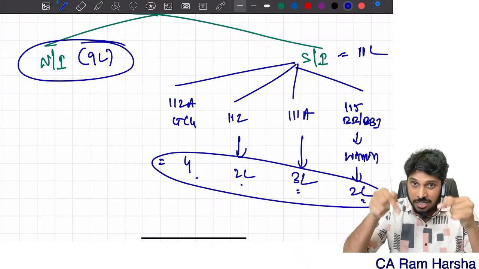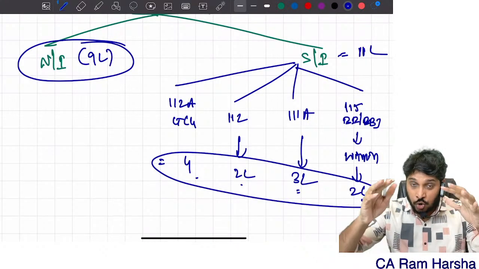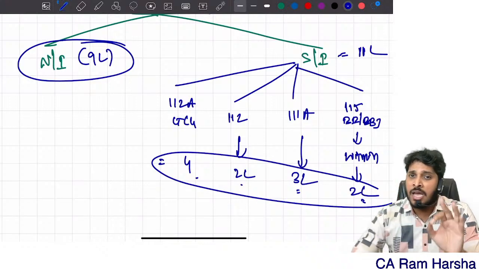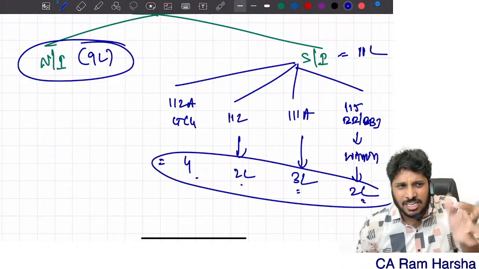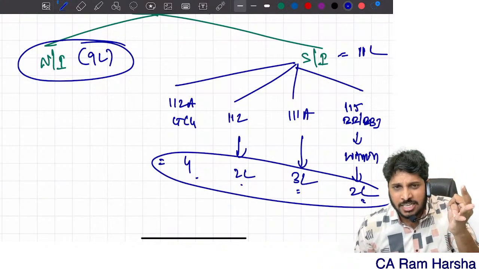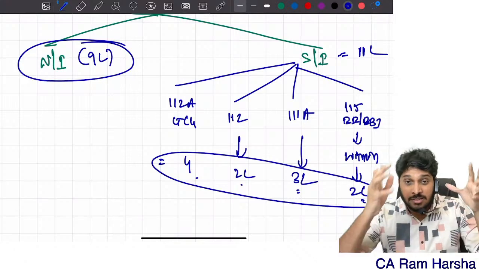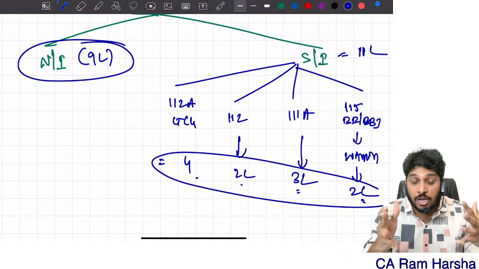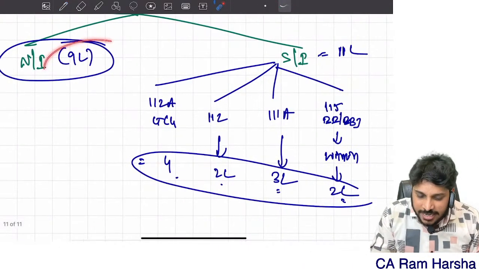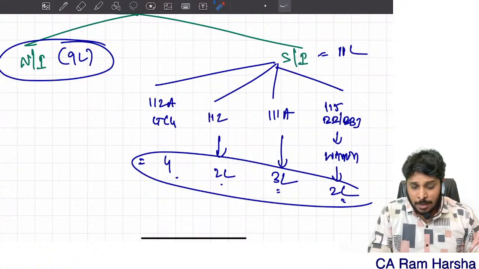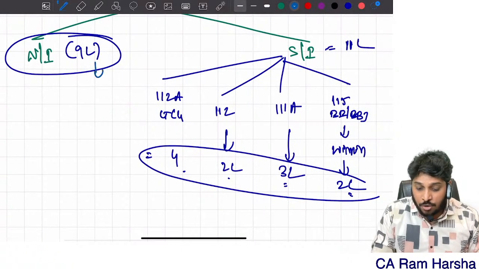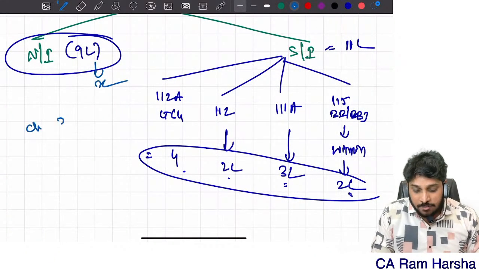Remember, total deductions under chapter 6A, if it is default tax regime, only 3 sections: 80CCD subsection 2, 80CCH subsection 2, 80JJAA. These 3 sections put together cannot exceed normal income. Suppose in some problems, normal income is only 2 lakhs, but chapter 6A will be 3 lakhs.